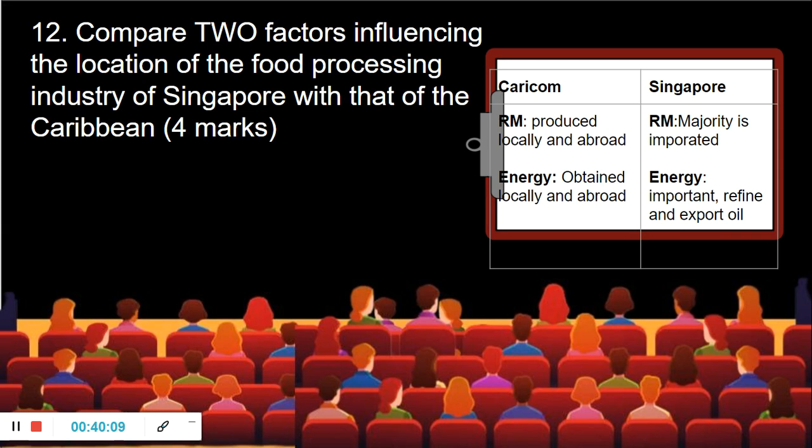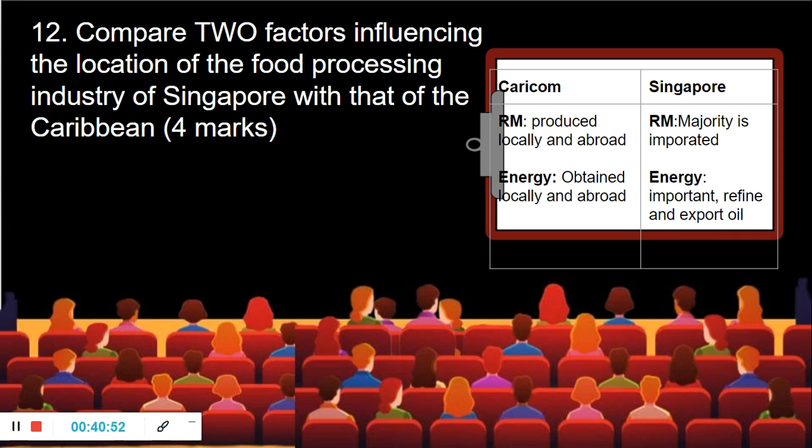So both places, Caribbean countries are importing. Singapore imports as well. But for the Caribbean country, except for places like Trinidad, and to a far lesser extent, Barbados, most of the other Caribbean countries will be importing all of the energy that they use, and the only thing they do is to import and use the energy that they are importing.